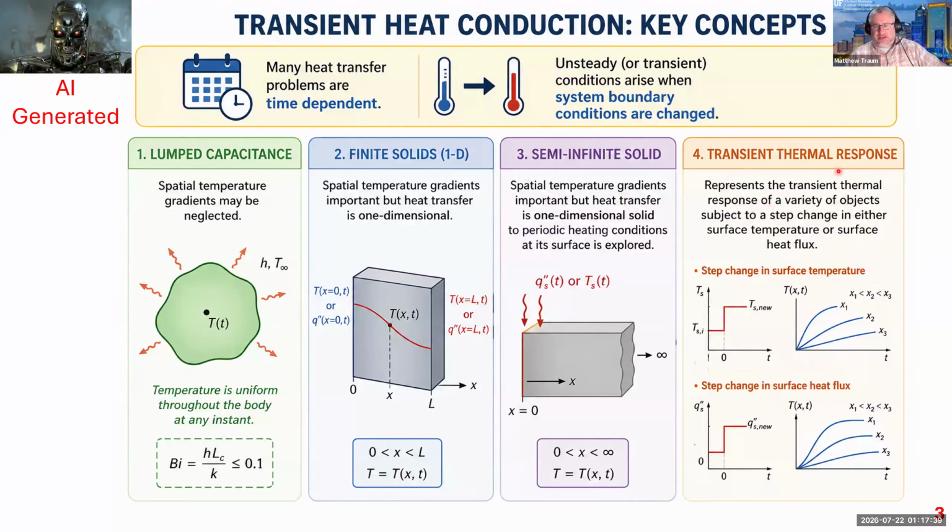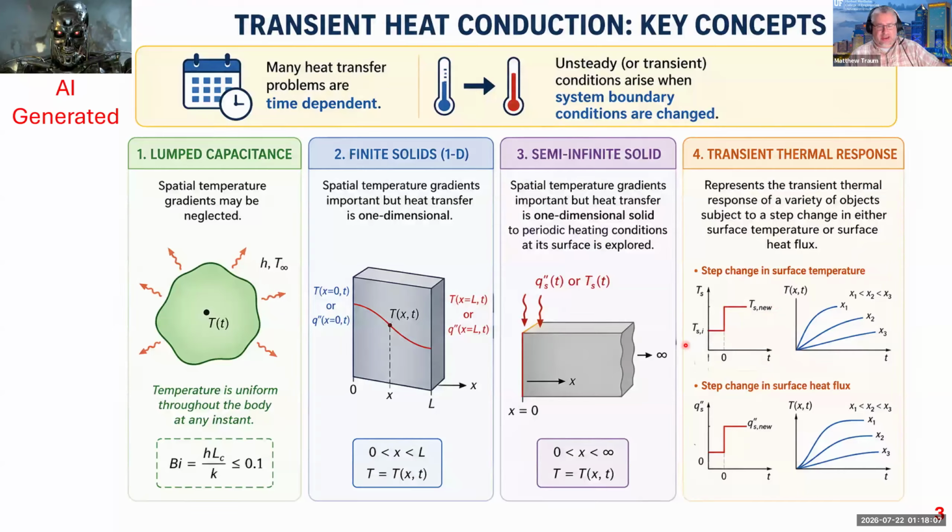And then this is a transient thermal response. It represents transient thermal response for a variety of objects, step change, and so on. So I've got the system set up and I'm changing the temperature profile as a function of time. I've got one set of conditions and everything settles, and then all of a sudden I change it to something else, and then I can change it to a third thing.